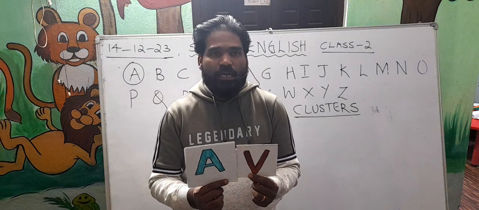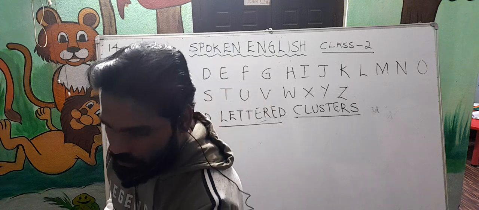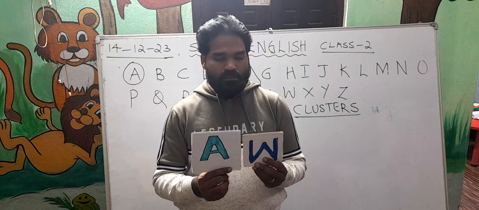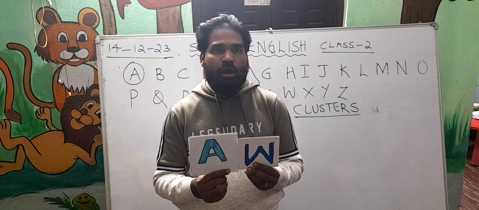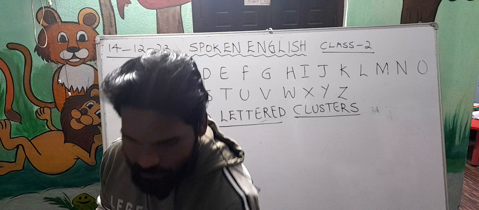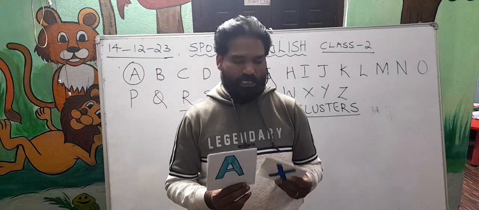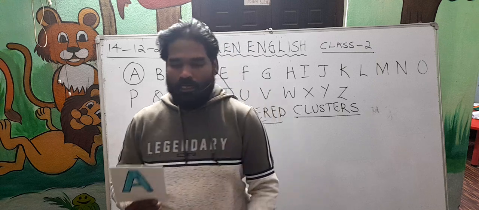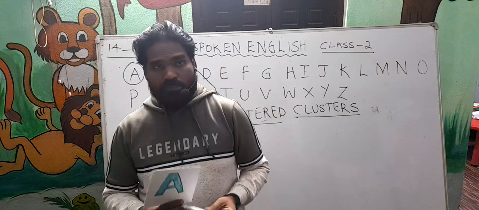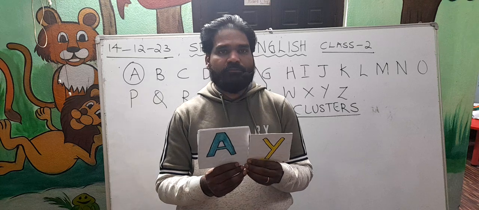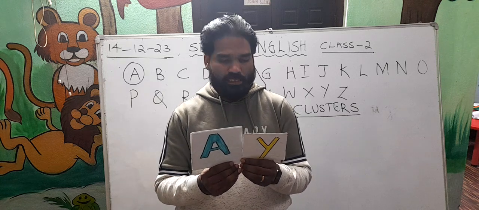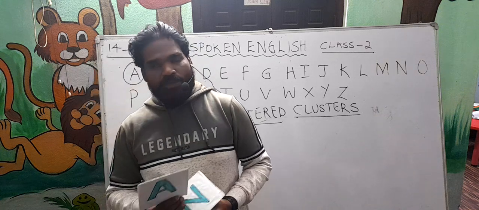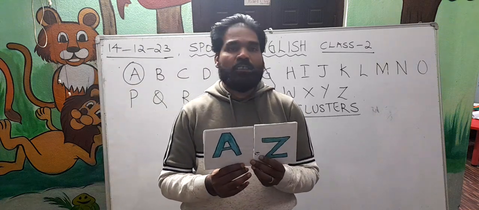And after V, it's W, all. Moving on to the next, after W is X. After X, it is Y. And the last and the final one is Z, as.